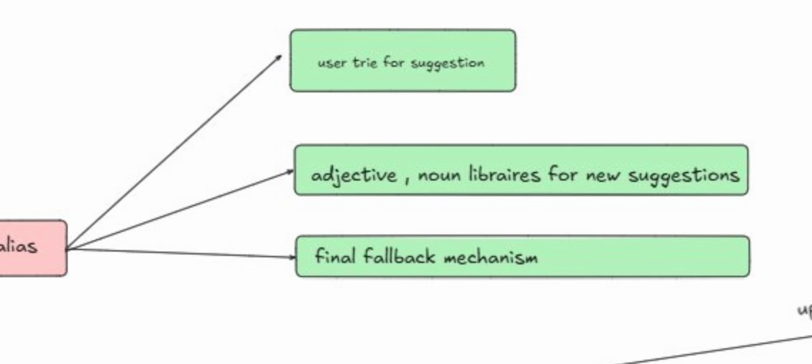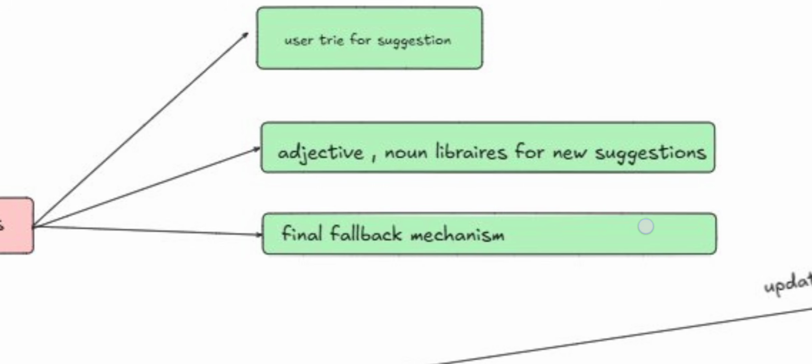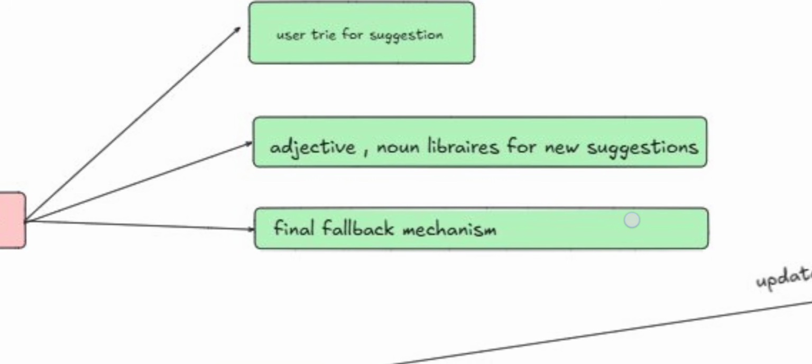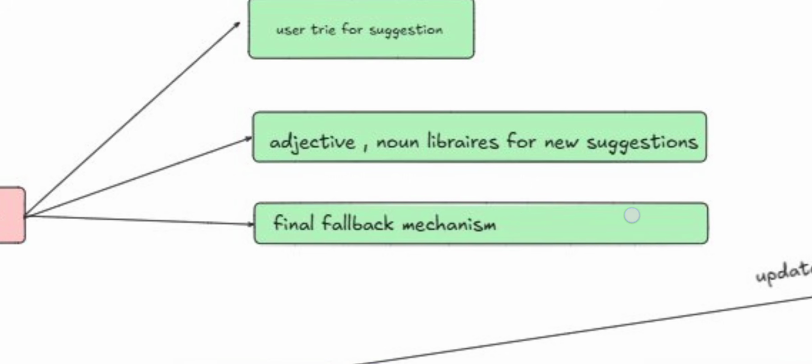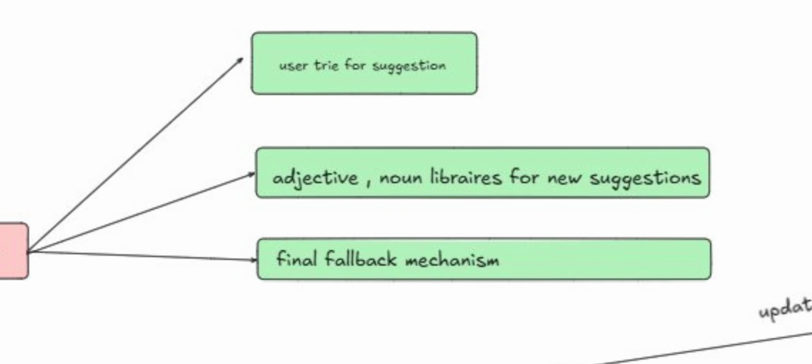So it's one more suggestion that I have created. And the third one that you can take is any fallback mechanism. For example, you can generate any random username from any random library, right? It totally depends upon you how many levels of generation you want. That totally depends upon your use cases.